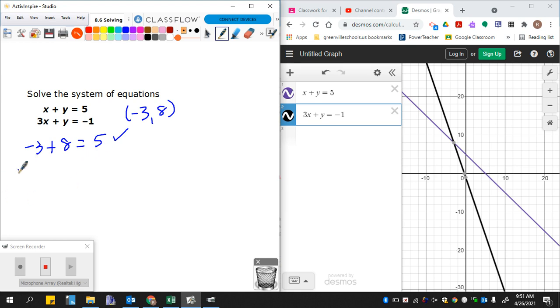And 3 times negative 3 plus 8, is that equal to negative 1? Well, 3 times negative 3 is negative 9, plus 8, that is equal to negative 1. So that checks out as well.